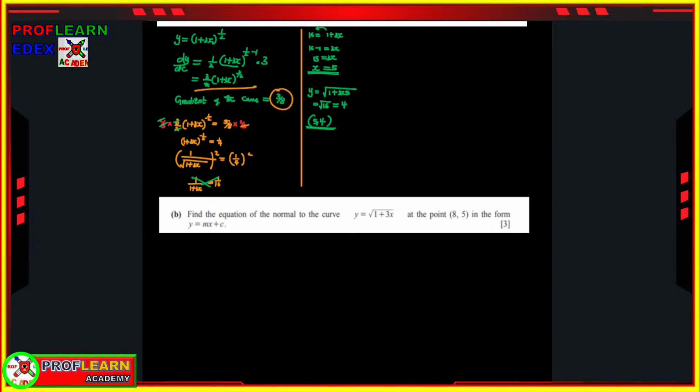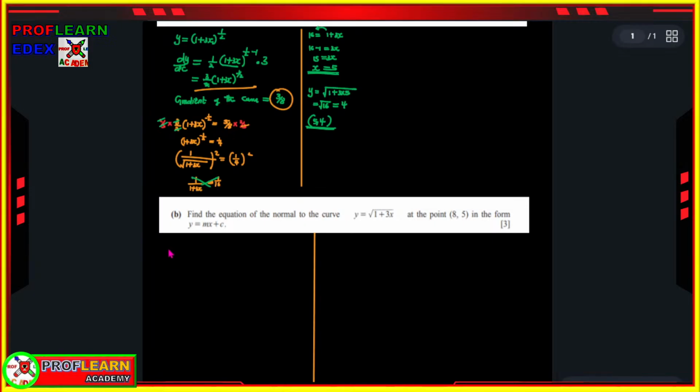All right, so moving to the next part, we are told to find the equation of the normal to the curve at the point (8, 5).